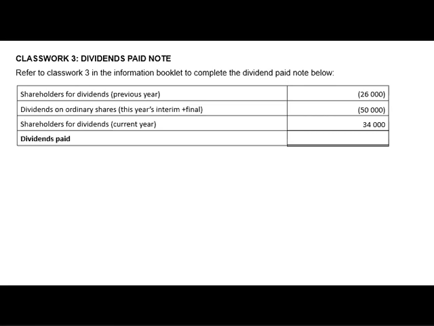Then this year's interim plus final, which will be 50,000, was given to you in your retained income note. You just add back the current year's final, which is 34,000, and then you will get dividends paid as 42,000.